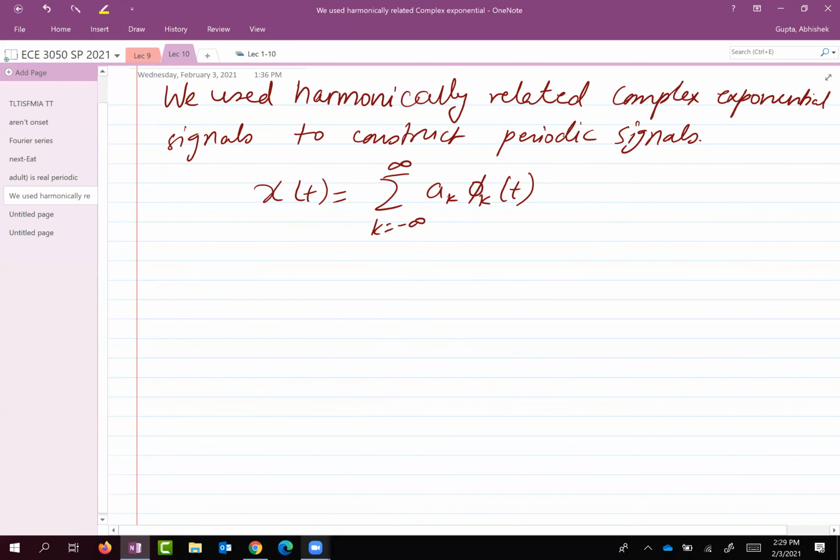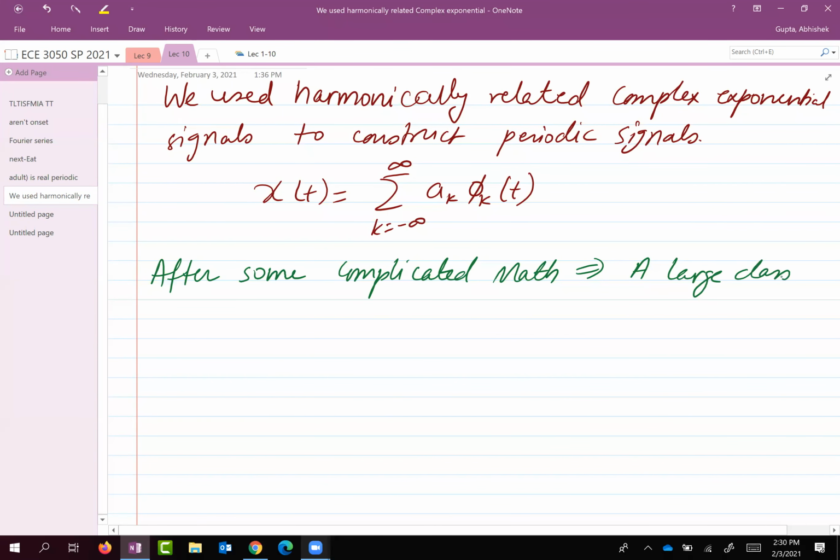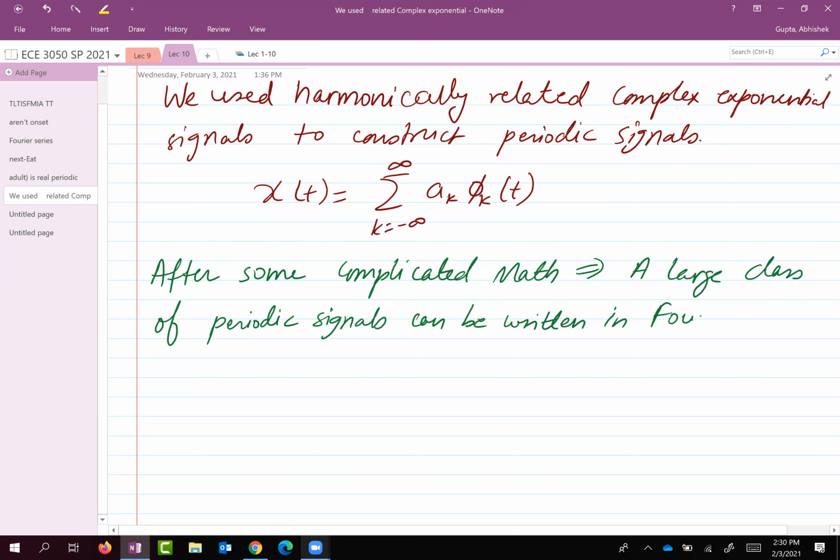It turns out, after doing a lot of complicated math, that a large class of periodic signals can be written in Fourier series form.